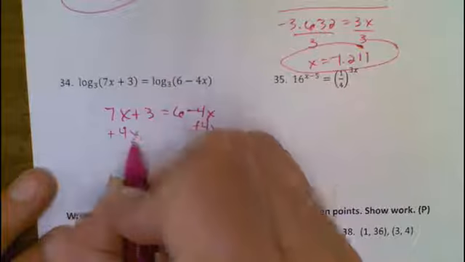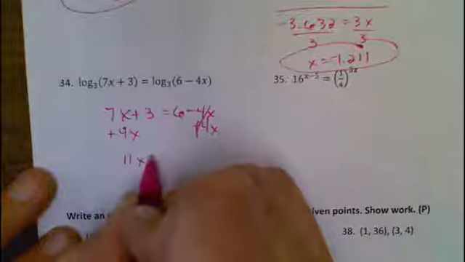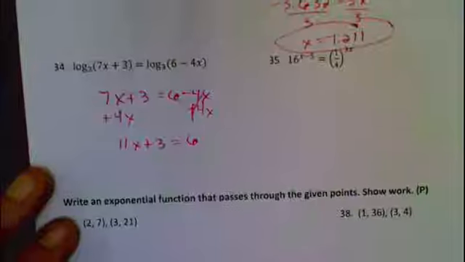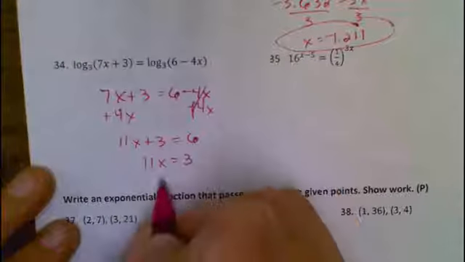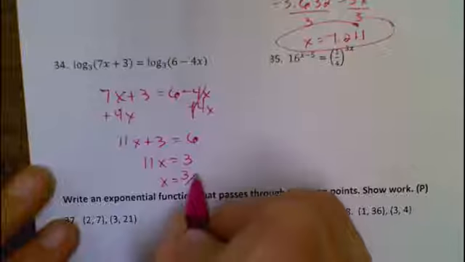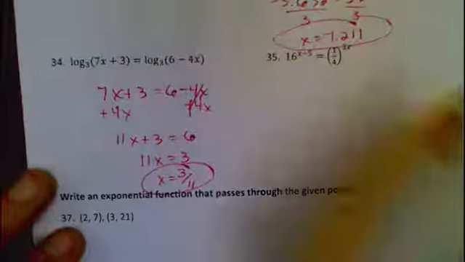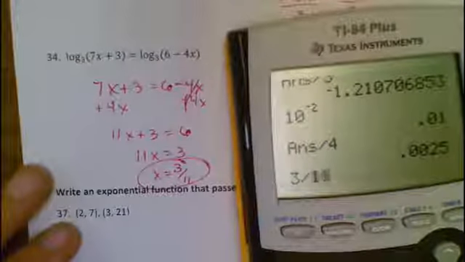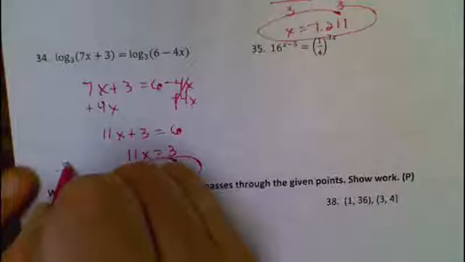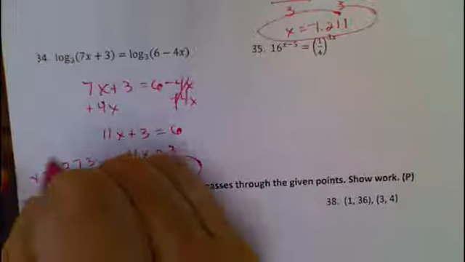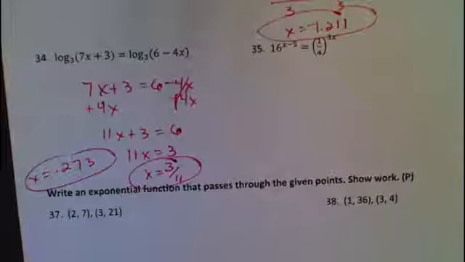So I would probably, in this problem, add 4x, and then just solve that equation. Subtract 3 and divide by 11, and just leave it as 3/11ths if you want. If you want the decimal approximation, because it did say we could round, you'd have 0.273.